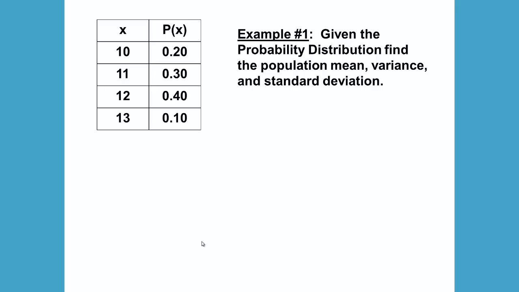Maybe it's the age of players on a little league team, or the number of months a child is before they walk, or the number of donuts that pass inspection from a batch of 13 donuts. It doesn't really matter. It just reminds you that problems have a basis for reality, even if we just give you the numbers.